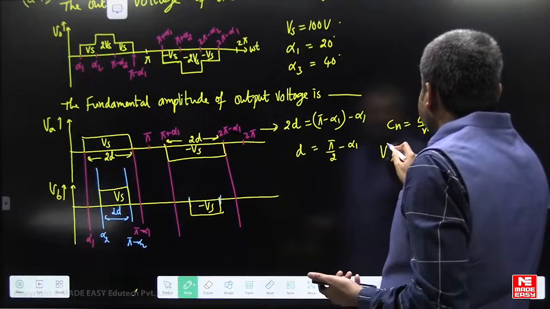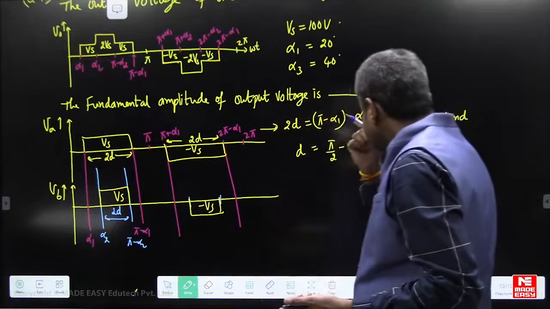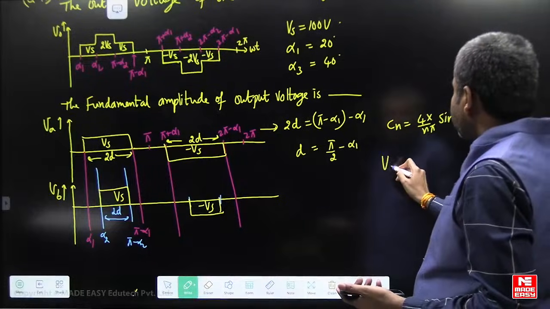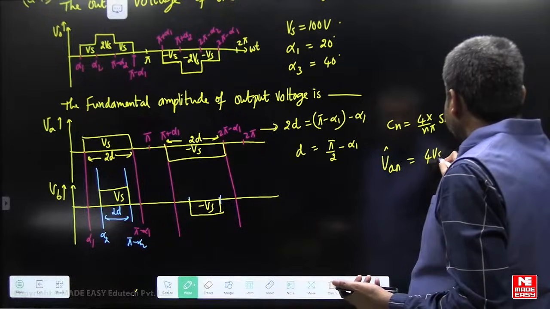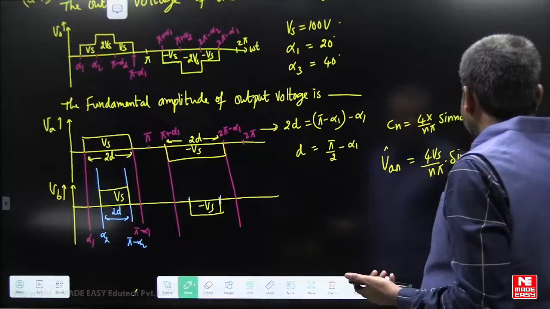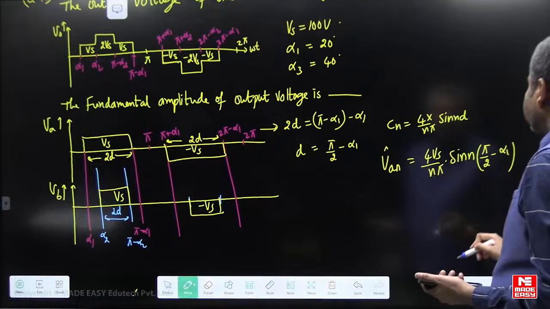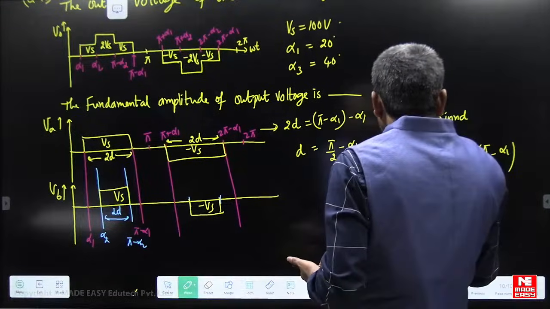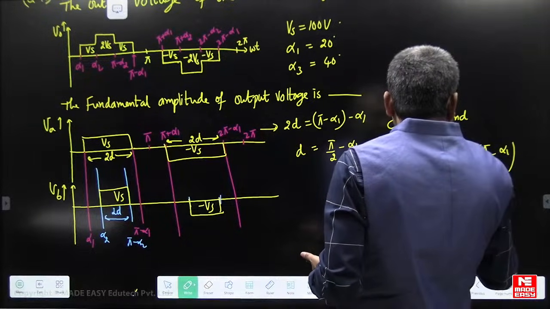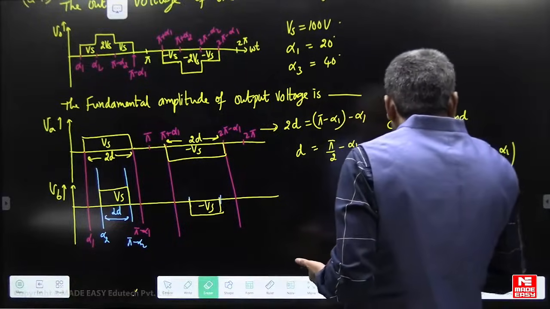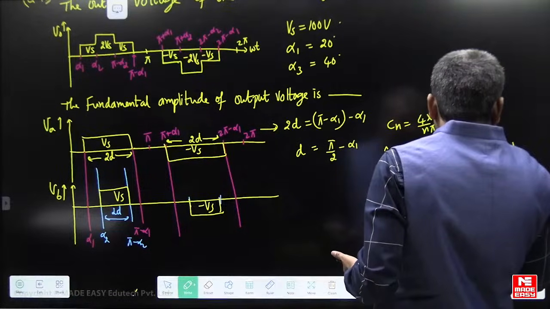Now, what is the nth harmonic amplitude of VAN? With d equal to pi by 2 minus alpha 1, you will get VAN is 4Vs by n pi cos of n alpha 1.